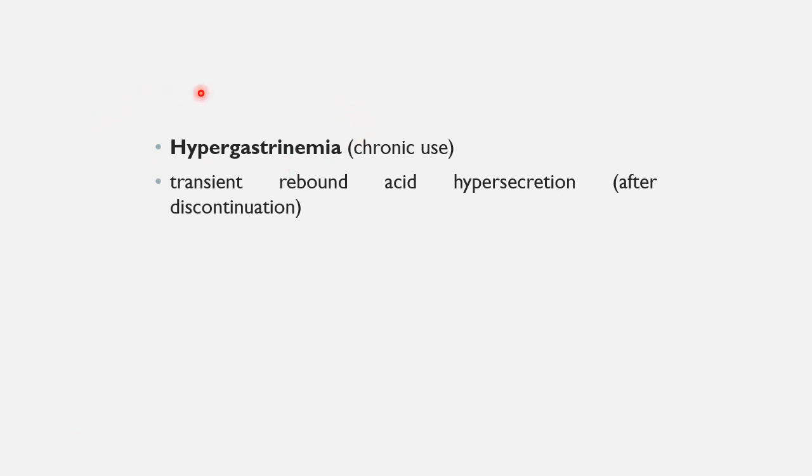Prolonged use can also cause hypergastrinemia because gastrin levels are regulated by intragastric acidity, and acid suppression will alter the normal feedback inhibition of gastrin, therefore its level will increase.